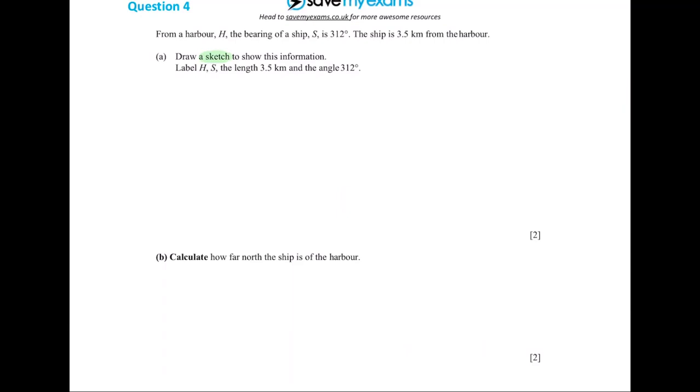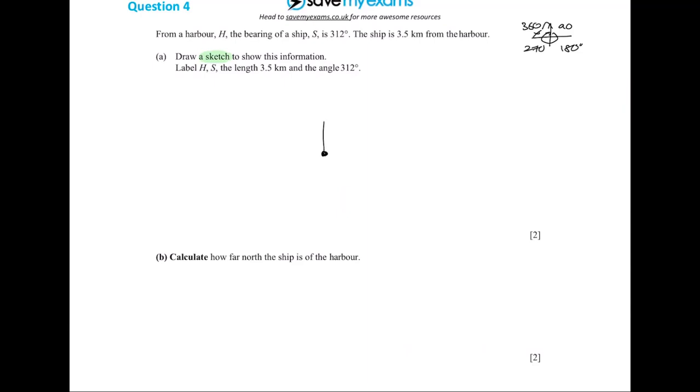Normally you need to rely on your quadrant. So here's 90, here's 180, 270, 360. This is your one full circle, so 312 should be somewhere around here. So let me just draw here. The bearing of the ship from the harbor is 312.